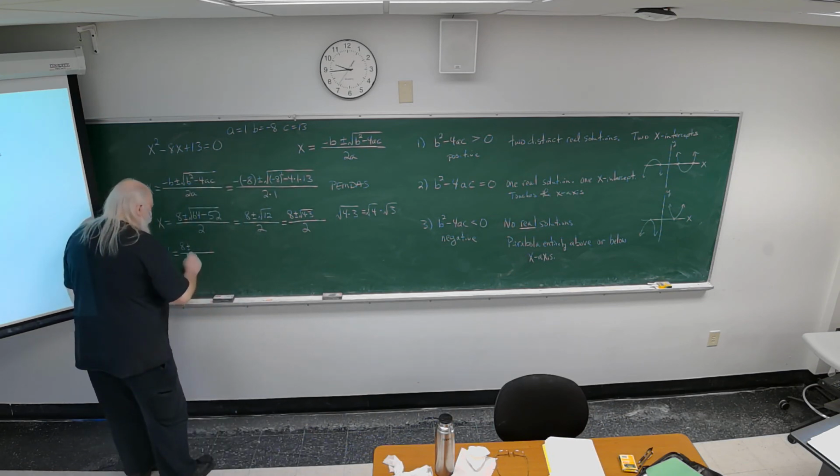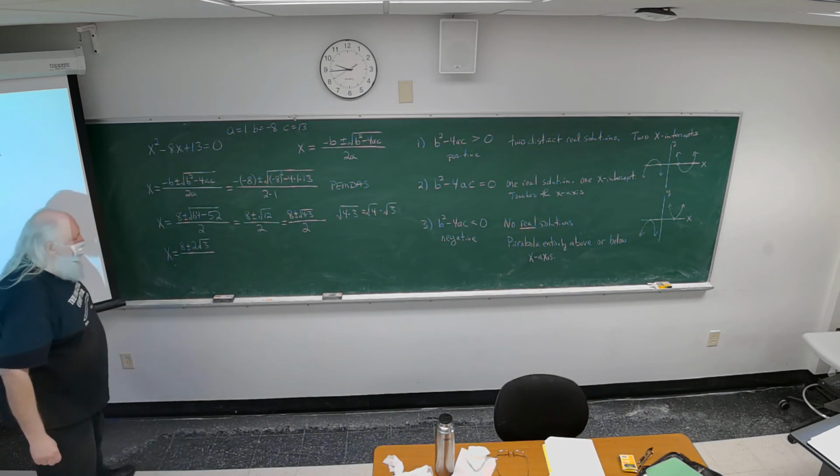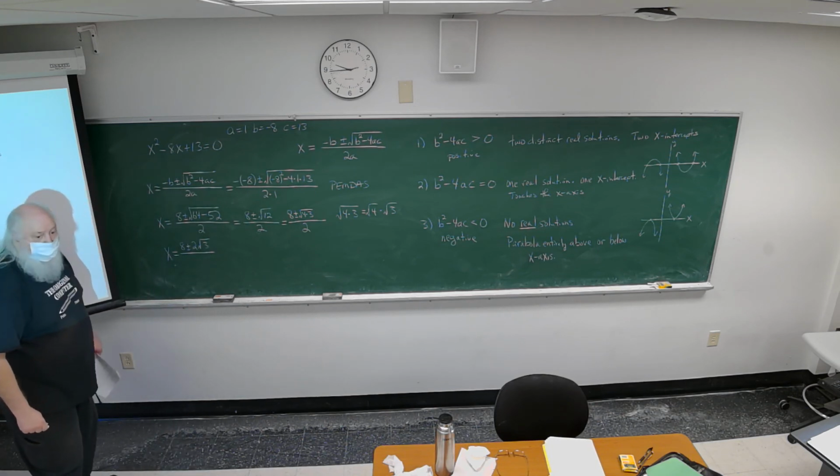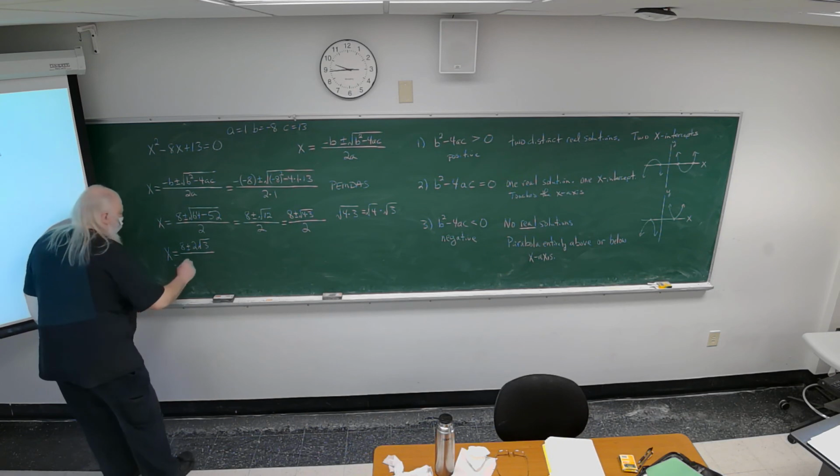The square root of 4 is 2. So the square root of 12 reduces to 2 times the square root of 3.